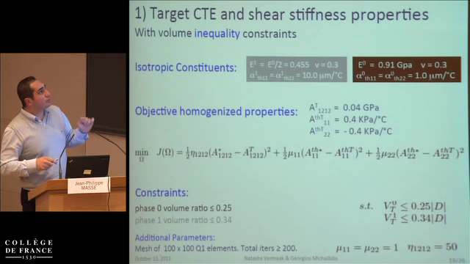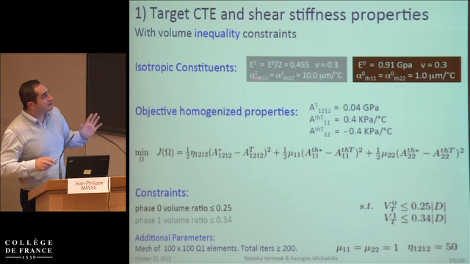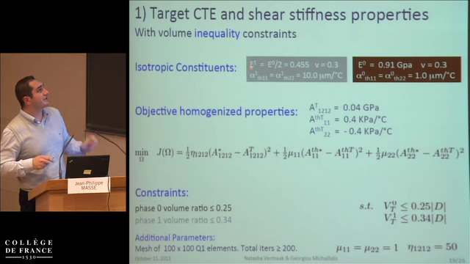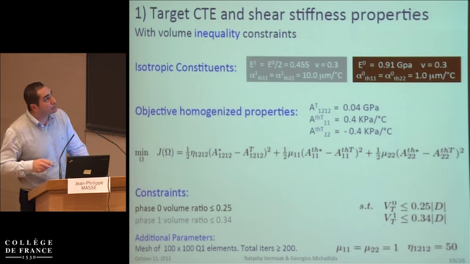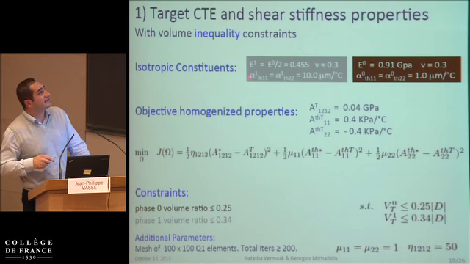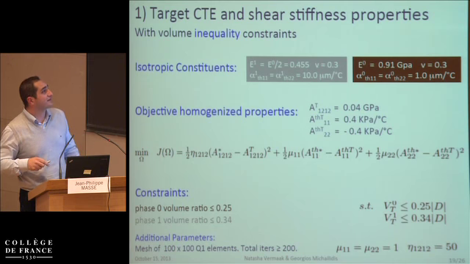In this example, we want to optimally distribute 2 phases and void in order to get some target CTE and shear stiffness properties. They are isotropic materials. Material 1 has half the Young modulus of material 0, and its thermal strain coefficients are 10 times higher.